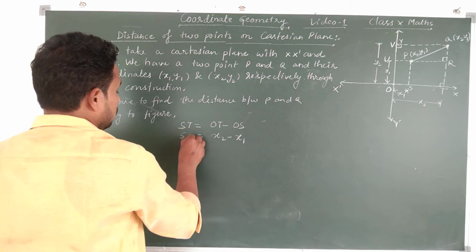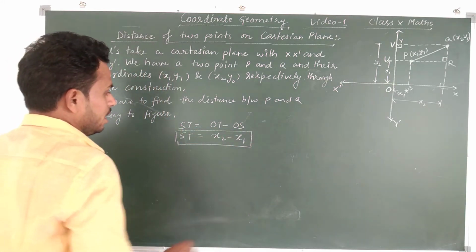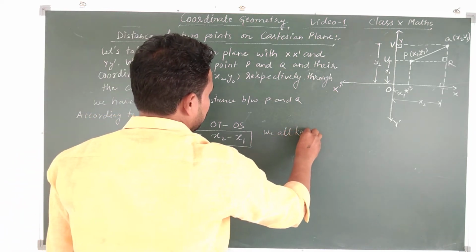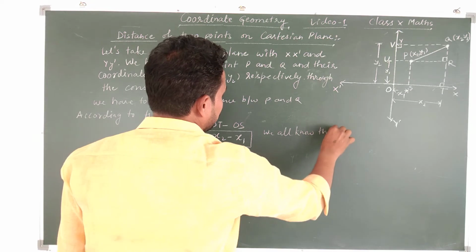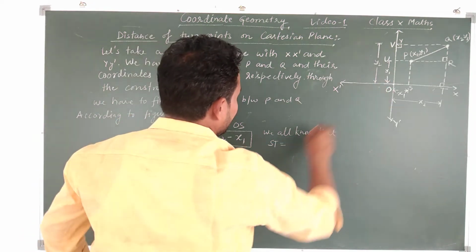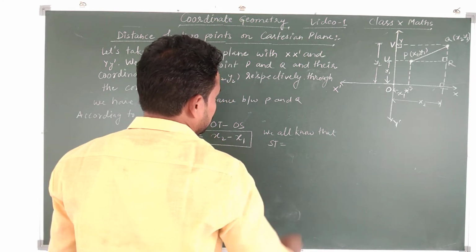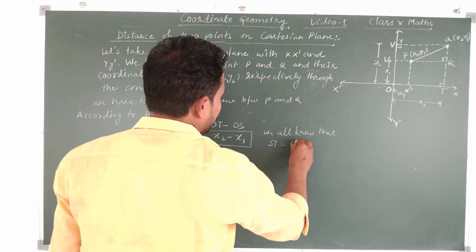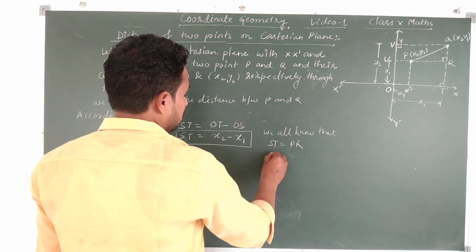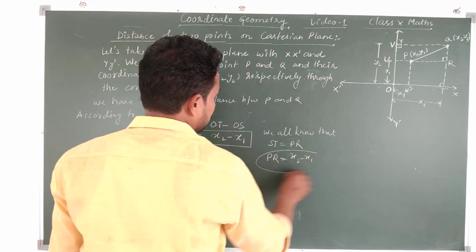So the value of ST is x2 minus x1, and we all know that ST equals PR. So the value of PR is x2 minus x1.